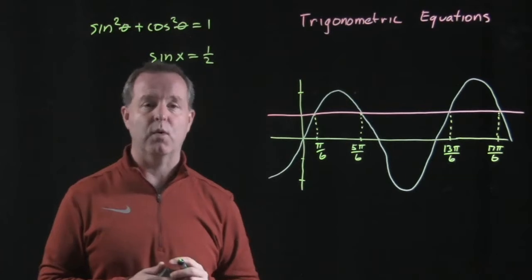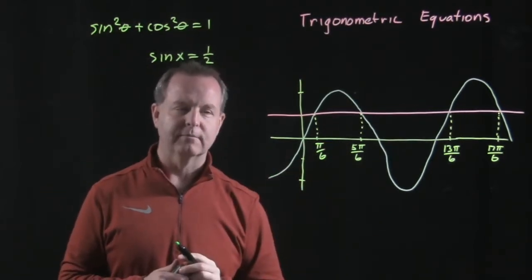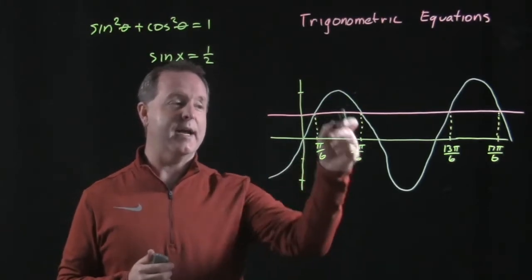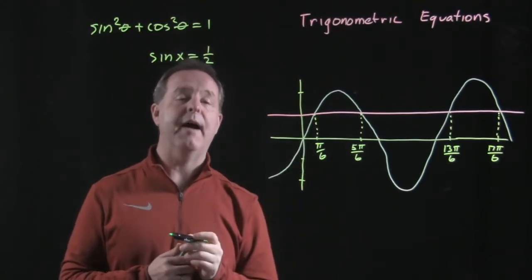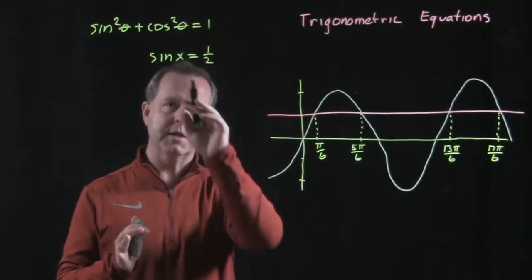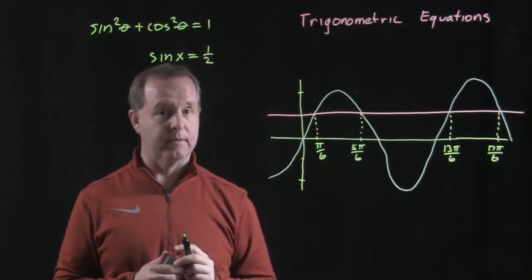Now, sine of x equals 1/2. Notice that I have the sine curve drawn, as best as I could. So imagine with me, I have the sine curve. This pink line represents the value 1/2. Now, what do you notice about my solutions to this particular equation? Yeah, there's a lot of them.